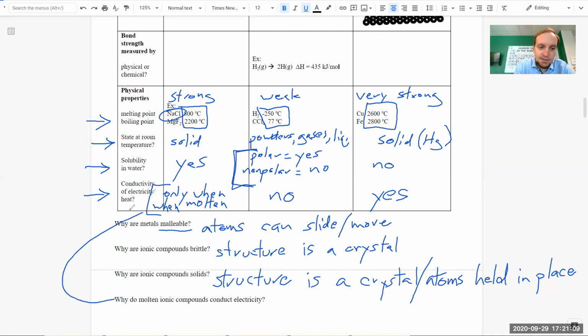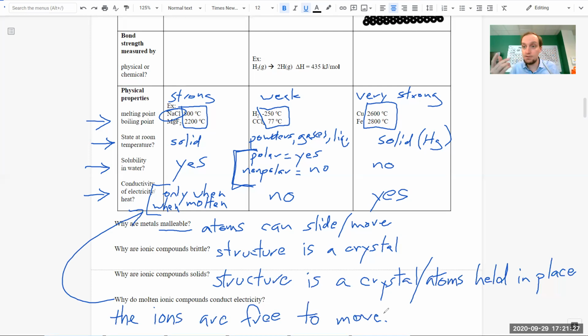All right, so why do molten ionic compounds conduct electricity? Again, this is referring to this right here. Molten ionic compounds can conduct electricity because the ions are free to move. So remember, if it's in a solid state, then the ions of an ionic compound are fixed in place, right? Again, we just discussed that right here. They're fixed in place, therefore they cannot move.